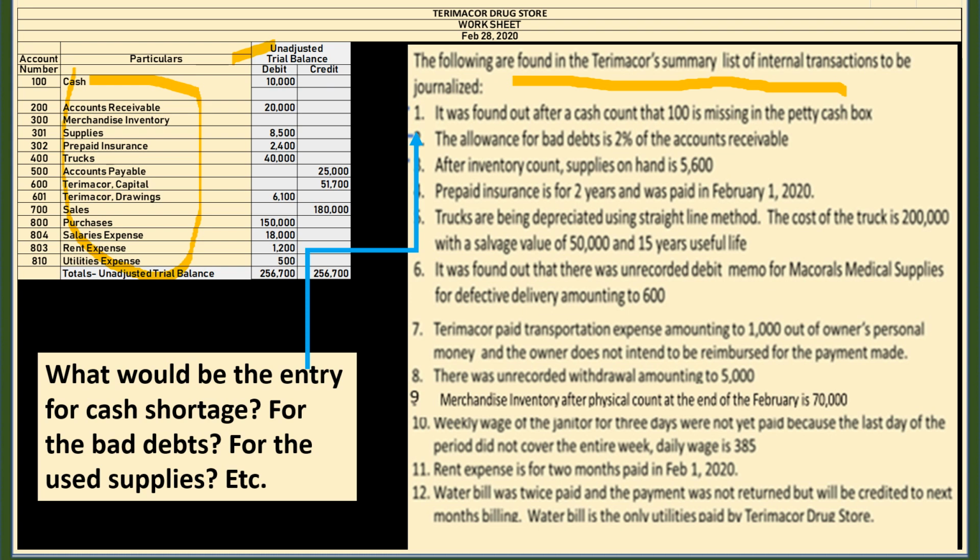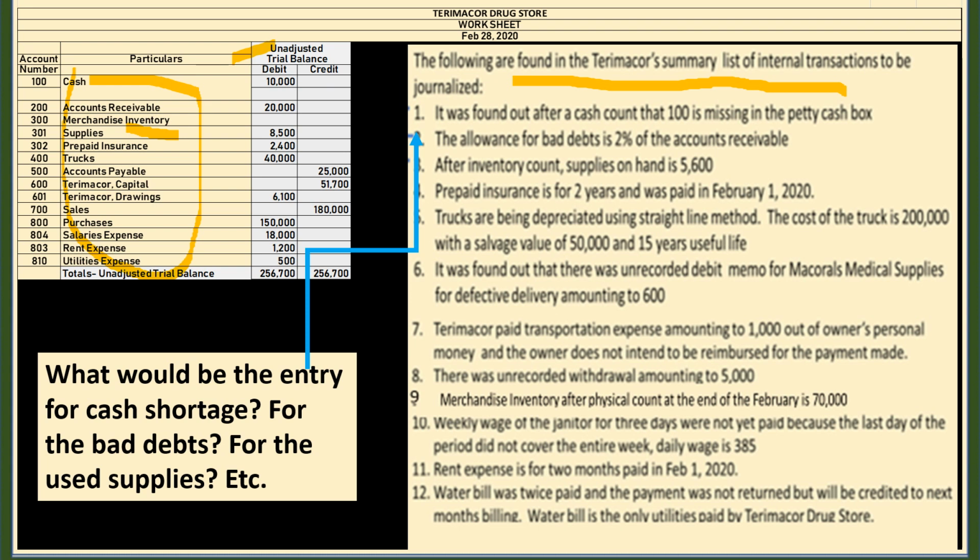The next item is inventory count of supplies is 5,600. So there was already recorded supplies of 8,500. So the method being used is the asset method because the asset account is used during the purchase of supplies. So there was 8,500 here, and the inventory count is 5,600.